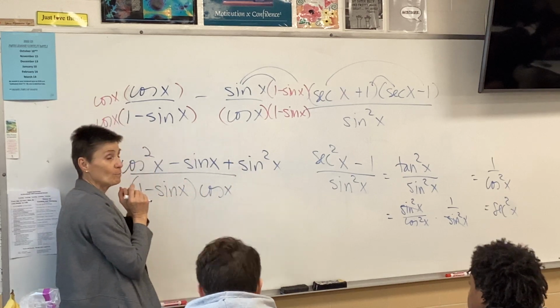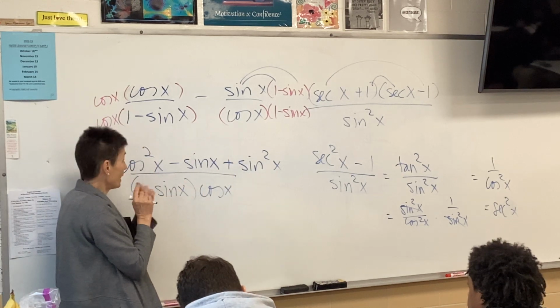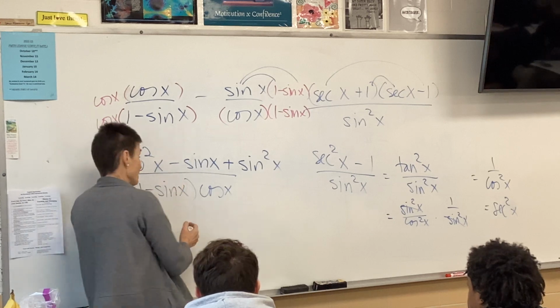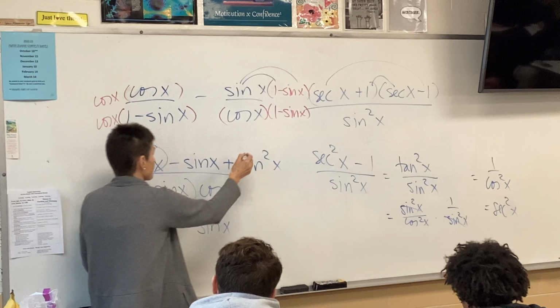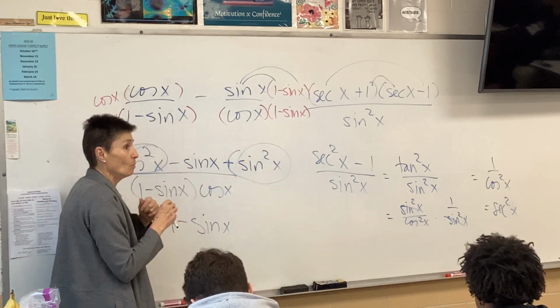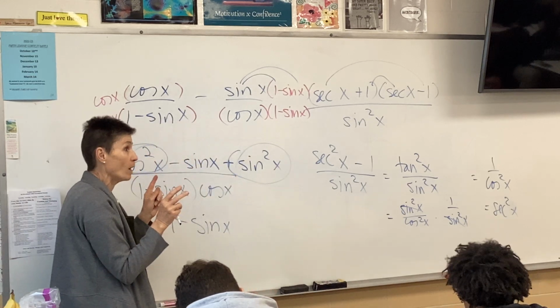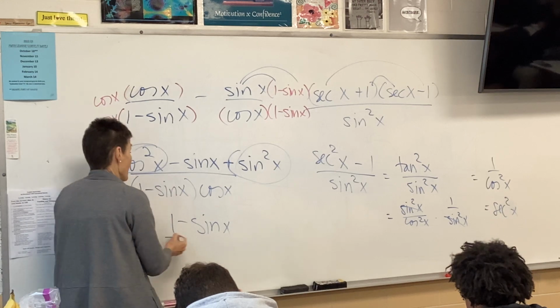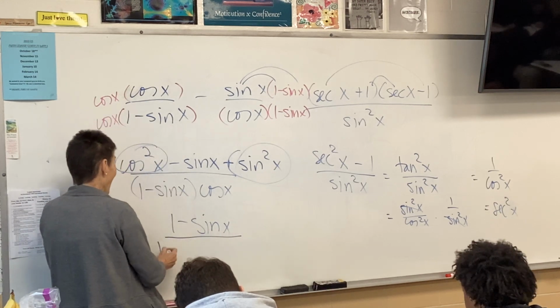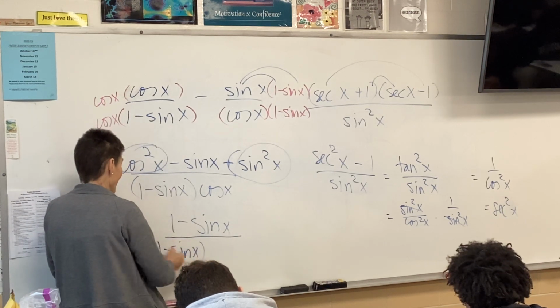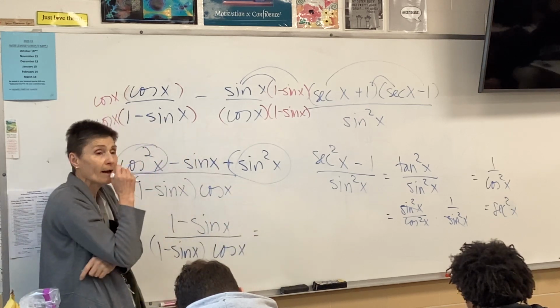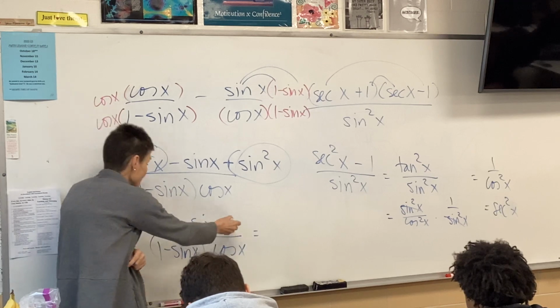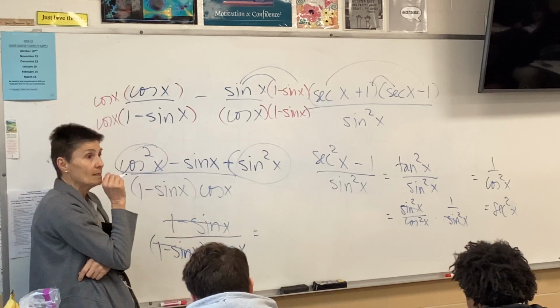What do we have in the numerator? 1 minus sine. So our numerator is 1 minus sine because these two make a 1. Every time you see them, they make a 1. On the bottom is 1 minus sine times cosine. Now, do you notice anything about that? These will cancel.